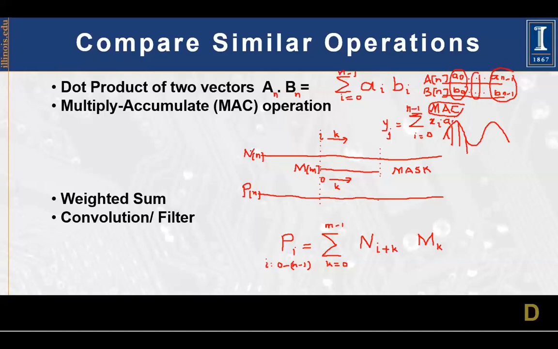So N is an input which needs to be processed, filtered or convolved. M is a mask, like a stencil of values, and applying this mask on all of this signal, we get the output. Let's say P, another output array of n elements.